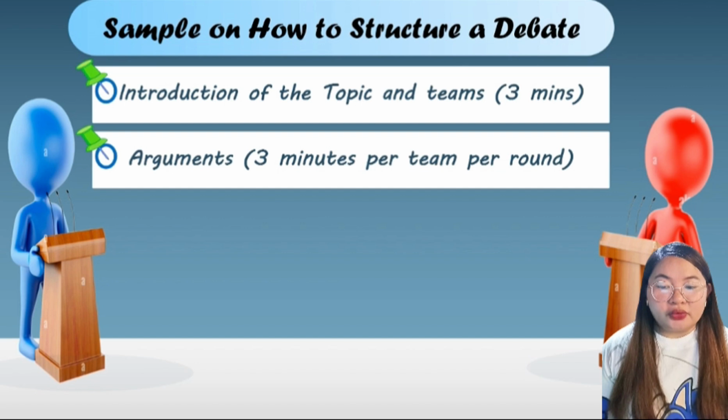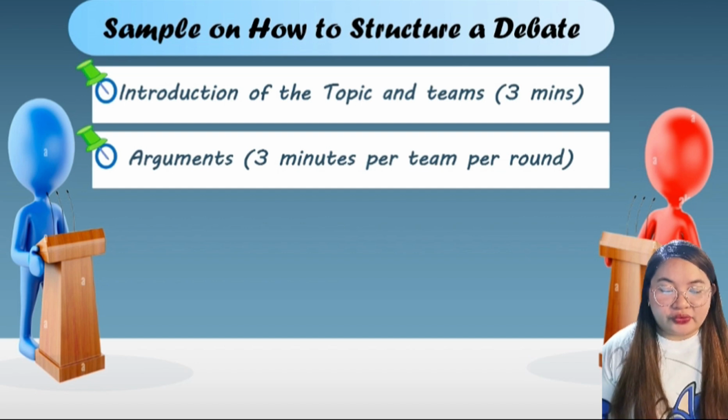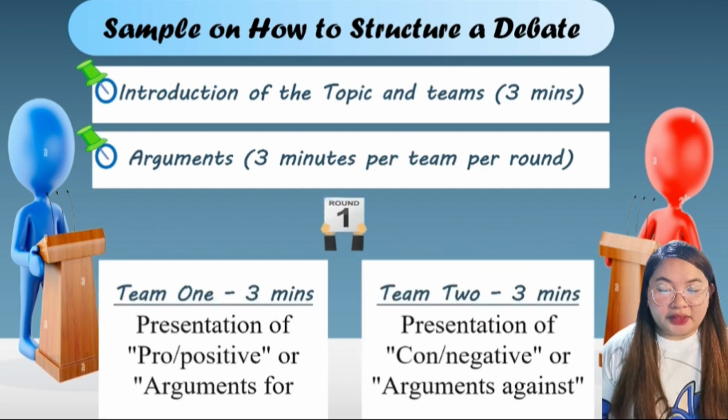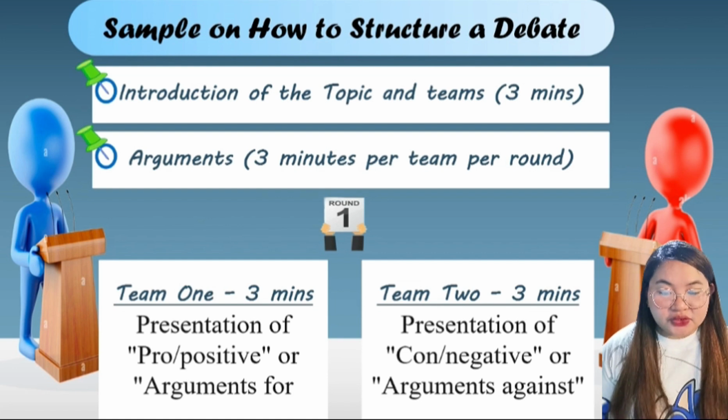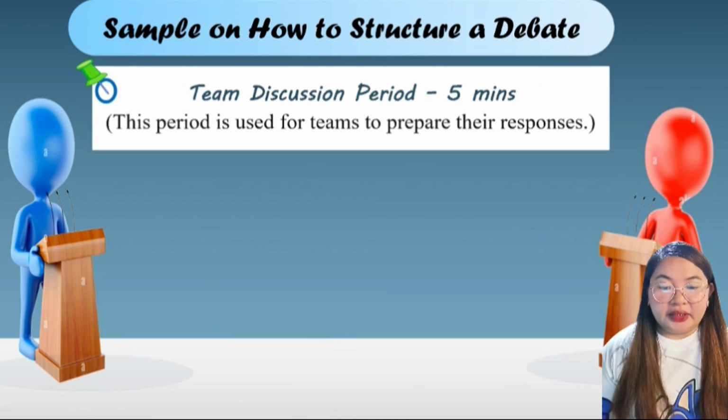Then, they will also be given 3 minutes for their argument. For example, in round 1, Team 1 will be given 3 minutes to present their argument, if they are the pro or positive, or the arguments for. Then Team 2 will also be given 3 minutes to present their argument, which is the con, negative, or arguments against.